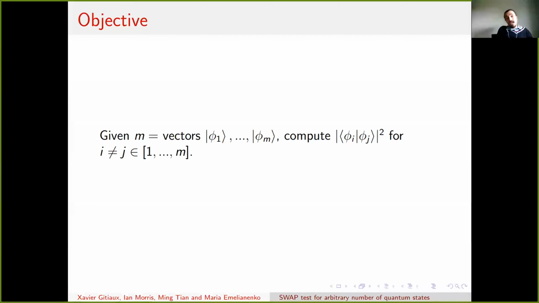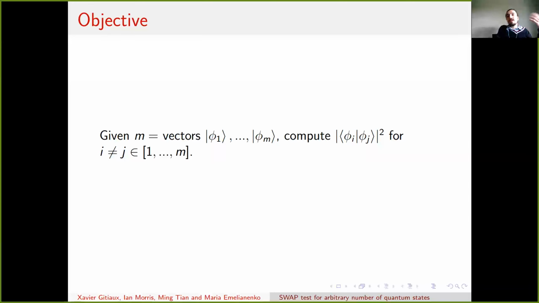You give me m vectors, phi 1 to phi m, and I want to compute the so-called overlap, which is the square of the inner product between phi i and phi j for all possible pairs i, j in the set 1 to n. A fairly simple question to start with. The goal is to compute this on a quantum machine.